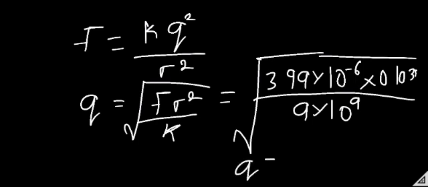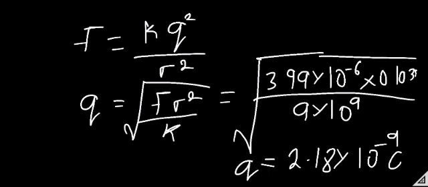If we press the calculator, Q becomes 2.18 times 10 raised to power minus 9 coulomb. Wow, that's the answer. Very, very easy.